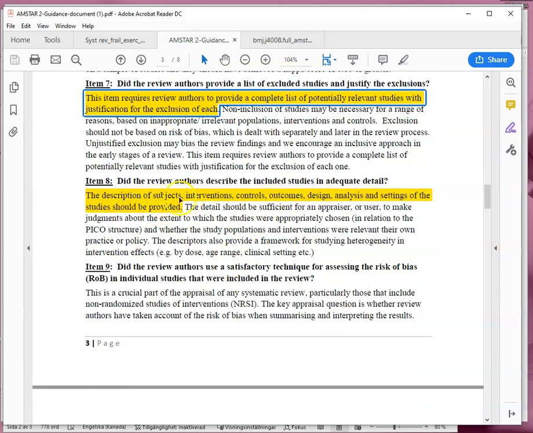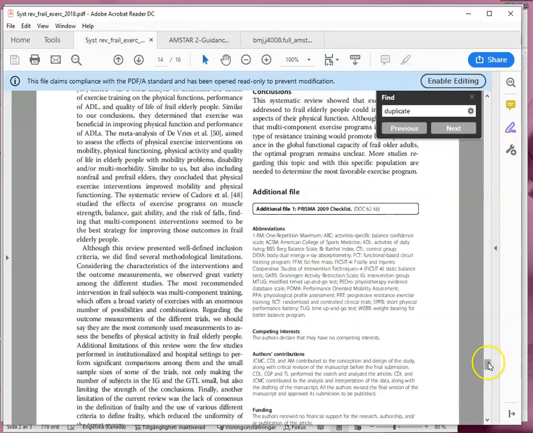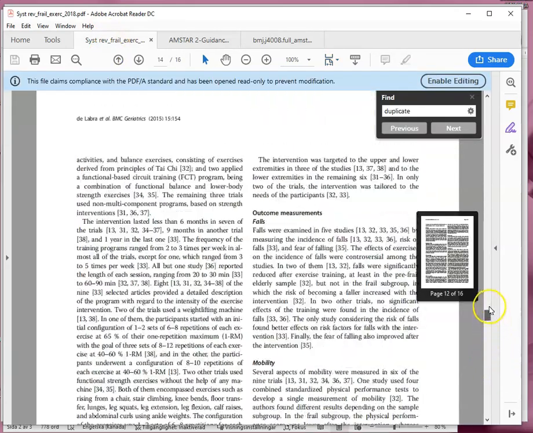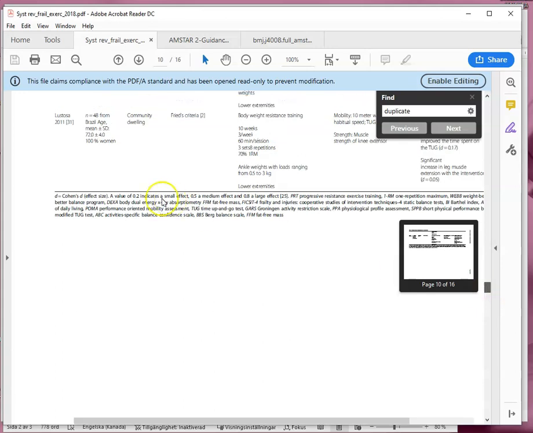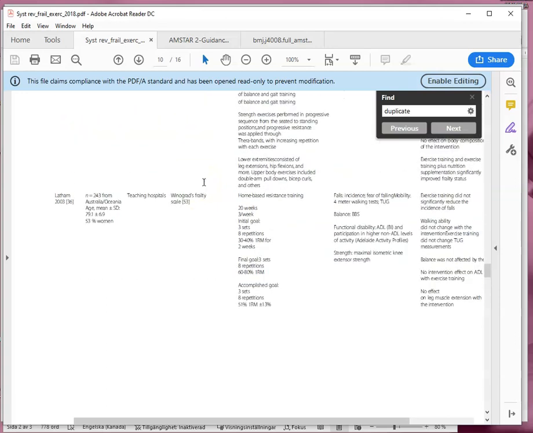Adequate: the subjects, the interventions, the controls, the outcomes, the design, the analysis, and the setting of the study. Okay, so in the guidance, it shows lots of things should be provided. Let's go. If we have information, and look at this, we have lots of information here.